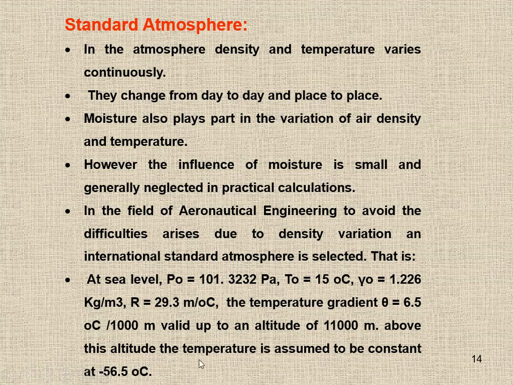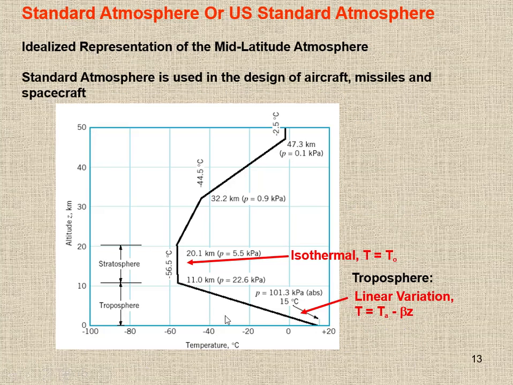Above this altitude the temperature is assumed to be constant, because the temperature decreases with a gradient of 6.5 degrees per kilometer up to 11,000 meters, and after 11,000 meters it becomes constant as shown here.